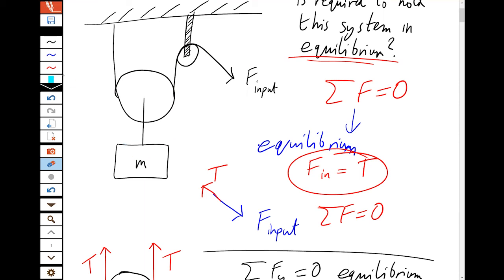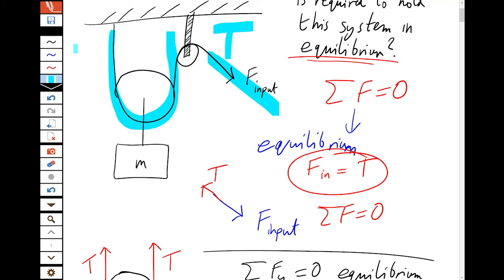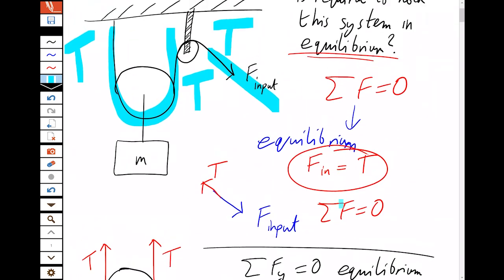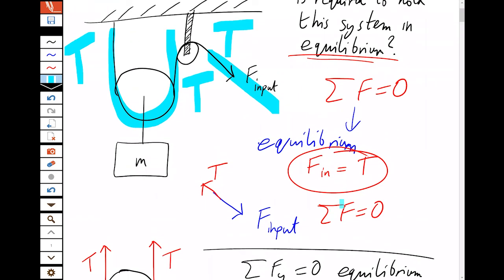So we can see I'm applying an input force here to get a tension, but then because I have this rope looped around twice, I get that same tension twice holding that up. And if you'd more ropes, you'd be able to do even more. But the key point for the tension is it's the same tension everywhere in the rope, and it's always pulling in the direction of the rope.